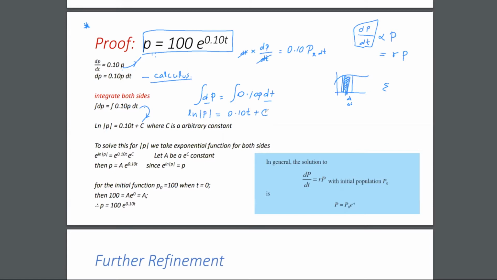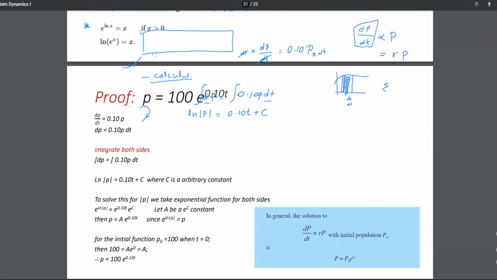This is a constant value, just some value. And using the property that I just introduced a minute ago, if I have ln of a value and I raise e to the power of it, it will give me the same value. So if I power it by e, I get p, right?